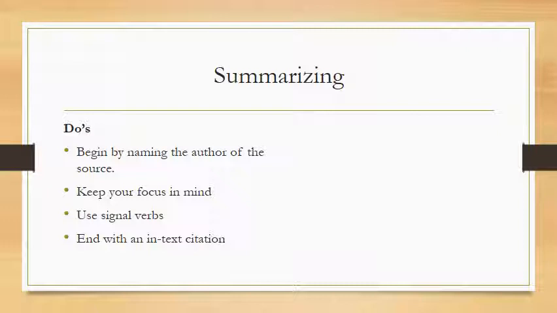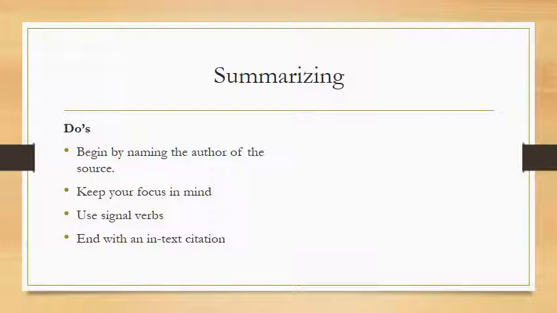Next, use signal verbs. Signal verbs are words like asserts, believes, argues, says, contends. You can find a long list of signal verbs just by Googling signal verbs. But we want to use these verbs to introduce the summary. So you might say something like, according to Professor Smith, or you might say, Professor Smith argues, or Professor Smith says.